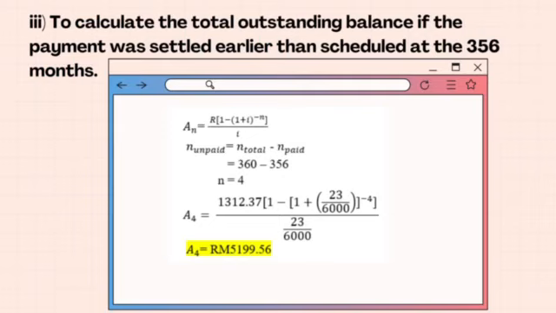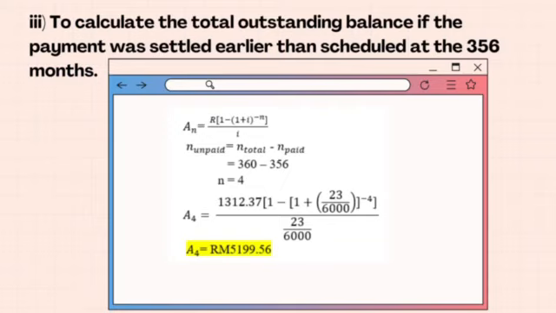For question number 3, we will know how to calculate the total outstanding balance if the payment was settled earlier than scheduled at the 356 months. Since this is a special case, we will find a new N, which is the number of unpaid periodic payments. So N unpaid is equal to N total minus N paid. The N total is 360 minus N paid is 356, and you will get N equals 4.